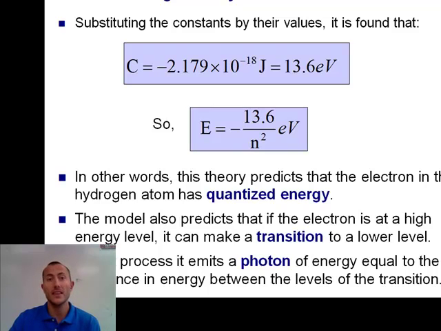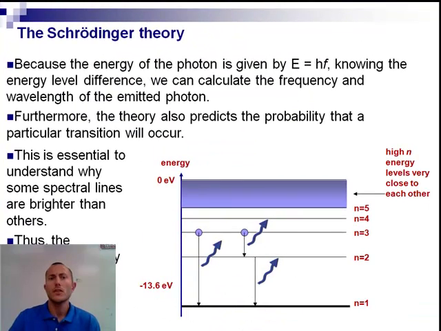It predicted the energy of that photon. So, knowing that the energy of a photon is given by hf, and knowing the energy level difference, we can calculate the frequency and wavelength of a photon that gets emitted between any transition that an electron could undergo between energy levels. It also allowed us to predict the probability that a particular transition would occur.